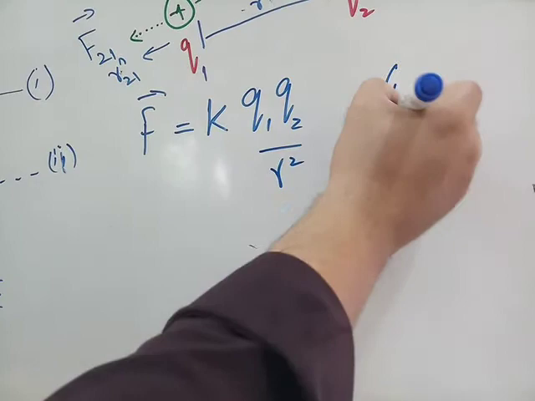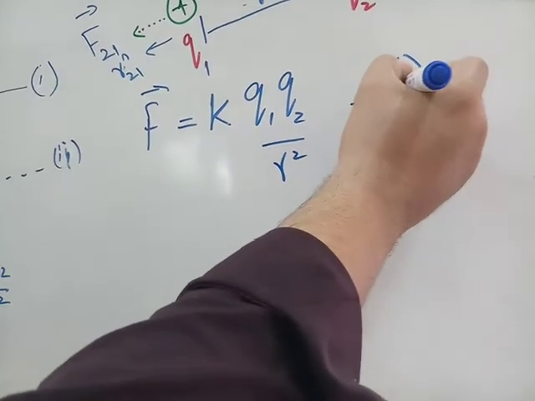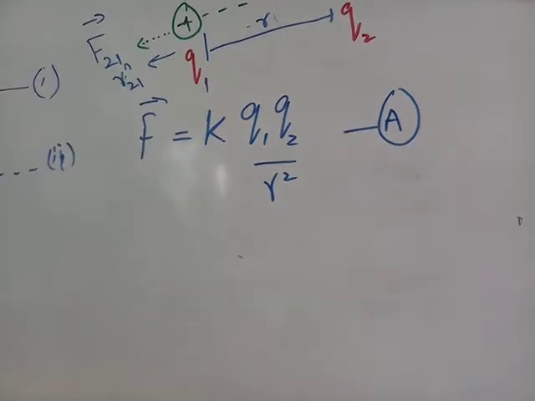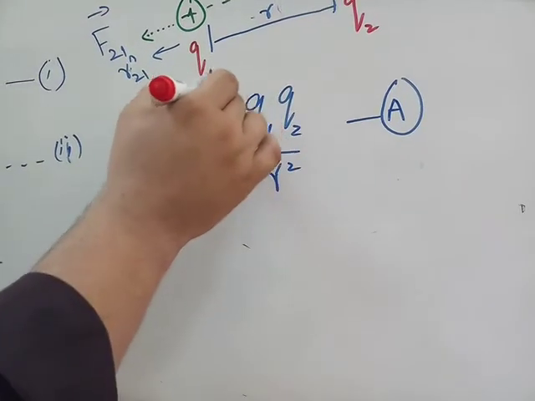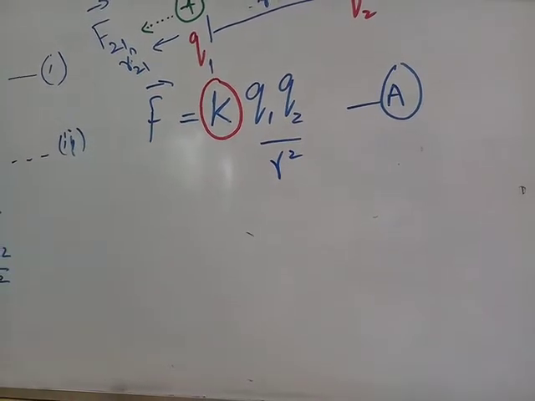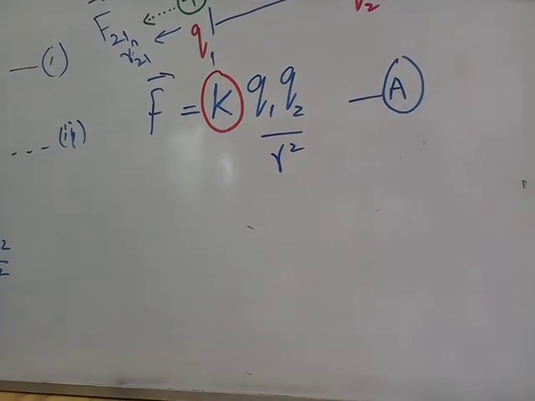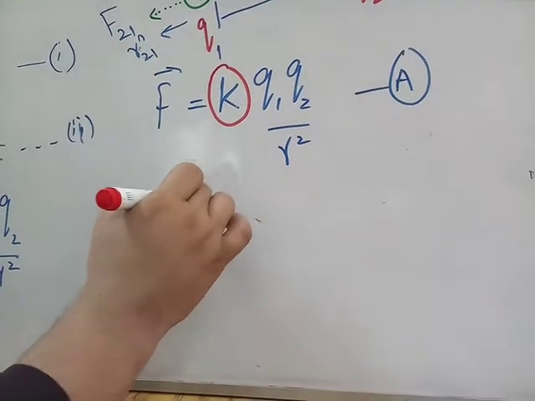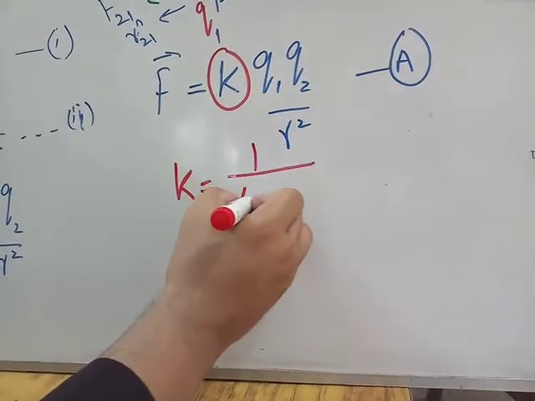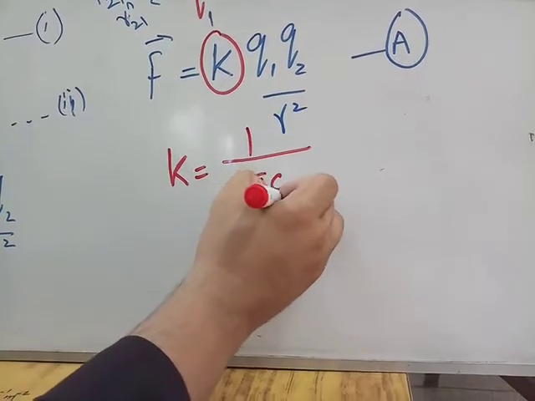This general equation is called the Coulombic or electrostatic force between two charges. First we are going to explain this K. This is called the proportionality constant, and the value of K is 1 over 4 pi epsilon naught.